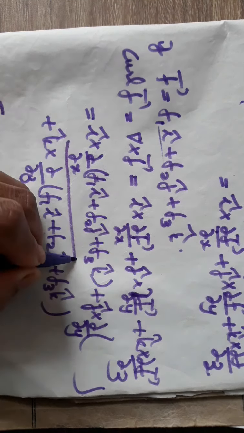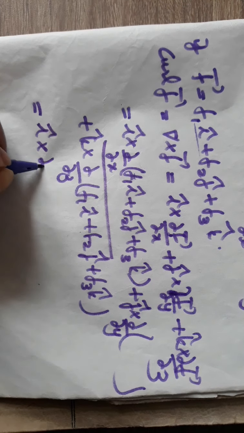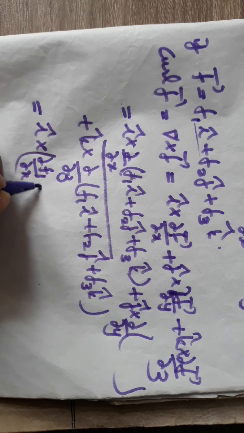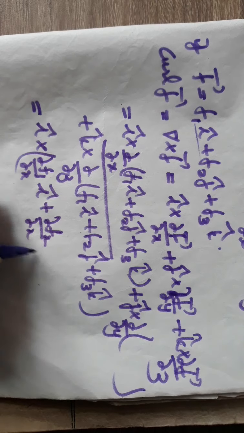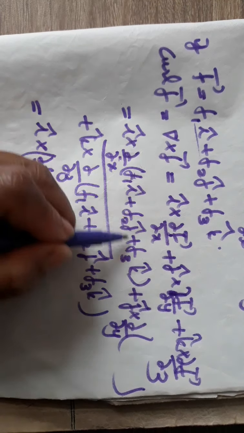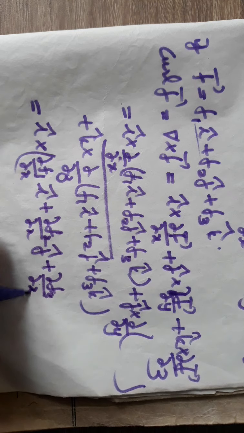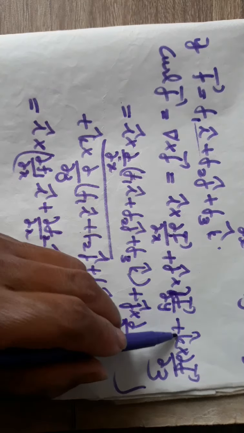I'll just do the first part, the rest will follow the same way. So i cross (del f1/del x i plus del f2/del x j plus del f3/del x k cap) plus so on. Similarly for the rest.